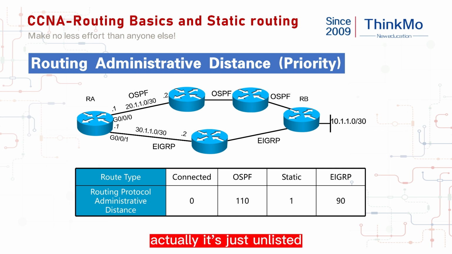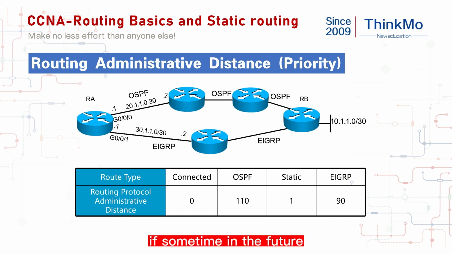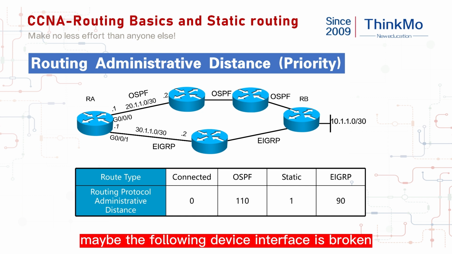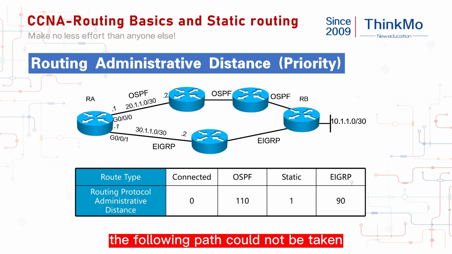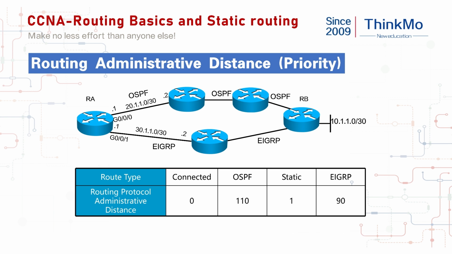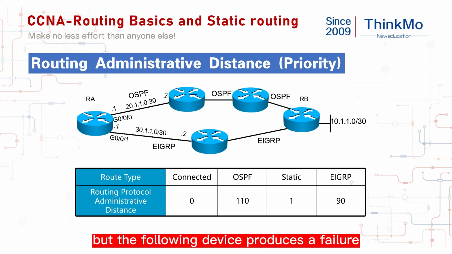It will be kept as a spare on the device. Actually, it's just not listed, but this information is still stored locally. If sometime in the future the lower device interface is broken, then based on such a dynamic routing protocol, RA will soon sense that the lower path cannot be taken. It was originally going down, but the lower device produces a failure, there is a problem with the link.